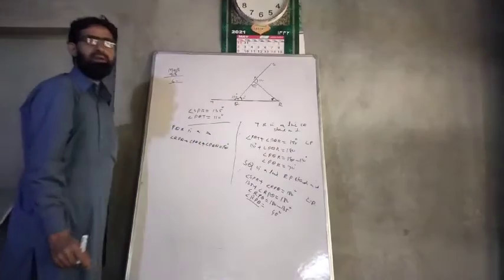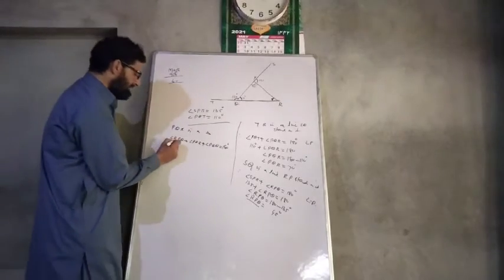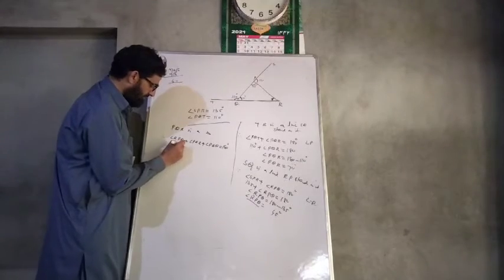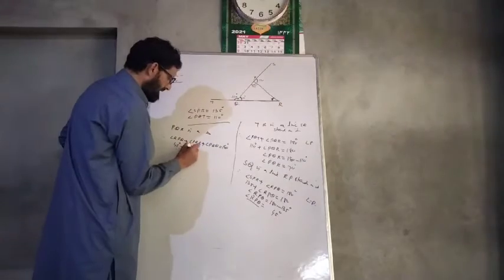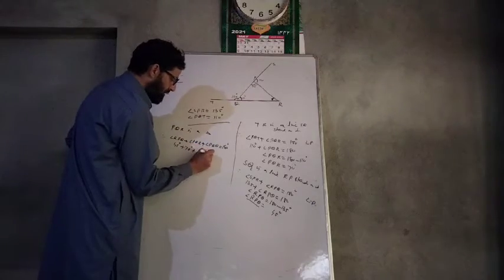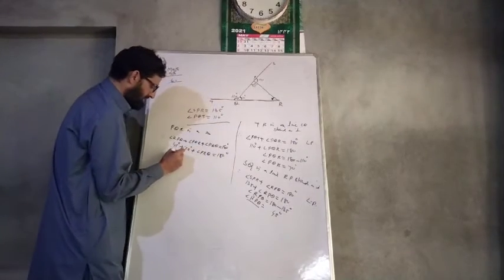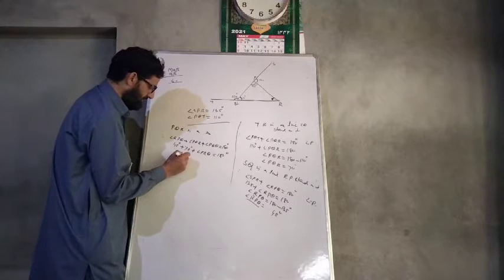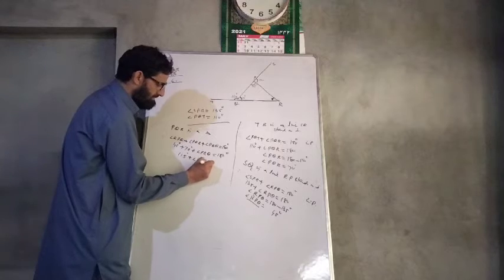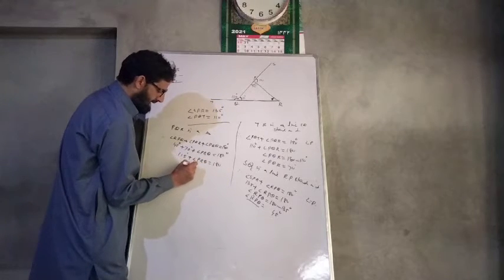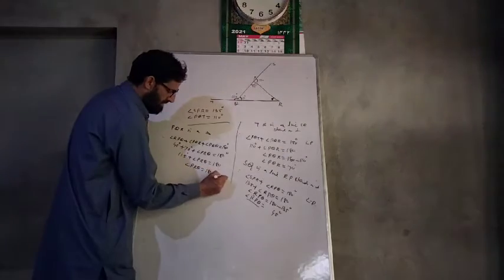Sum of angles of a triangle is equal to 180, you know it. This RPQ is 45 degrees, plus PQR, this is 70 degrees, plus angle PRQ, which is to be determined, is 180. This is 115, plus angle PRQ is equal to 180, so angle PRQ is equal to 180 minus 115.